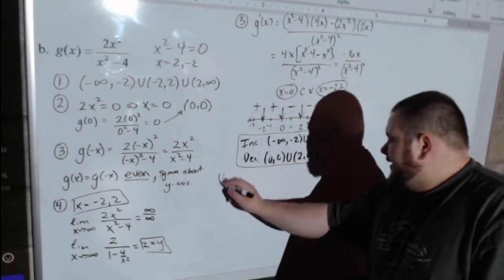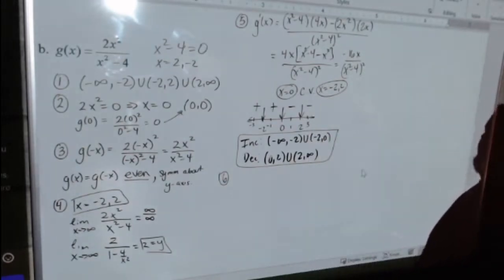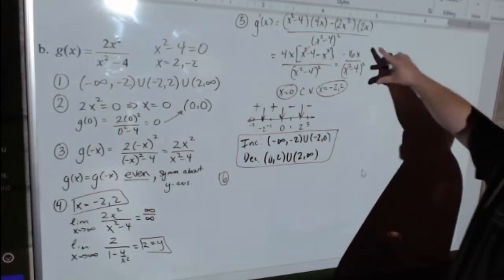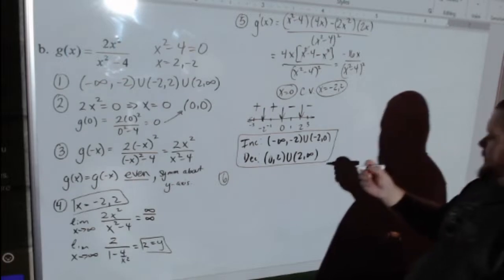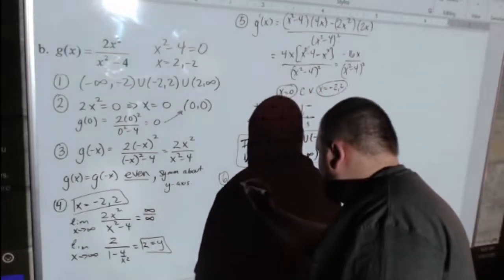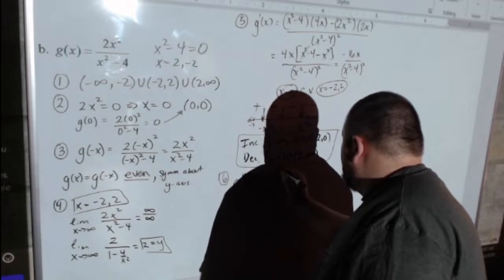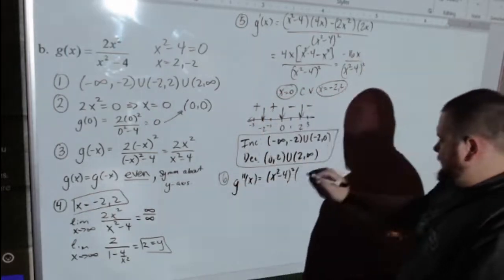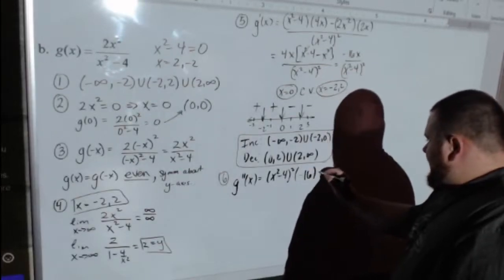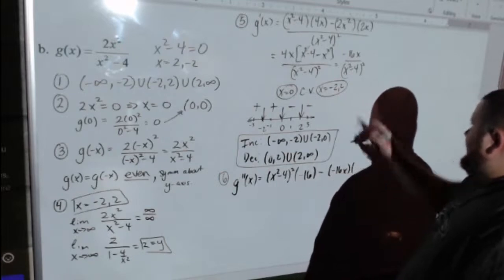We now need to find the second derivative. First derivative's right here. So again, I need low times d high minus high times d low.